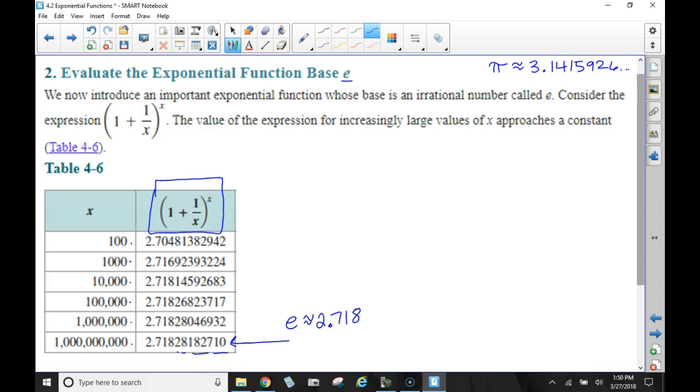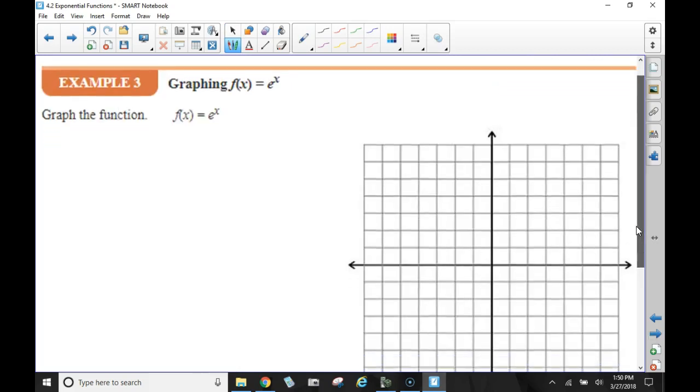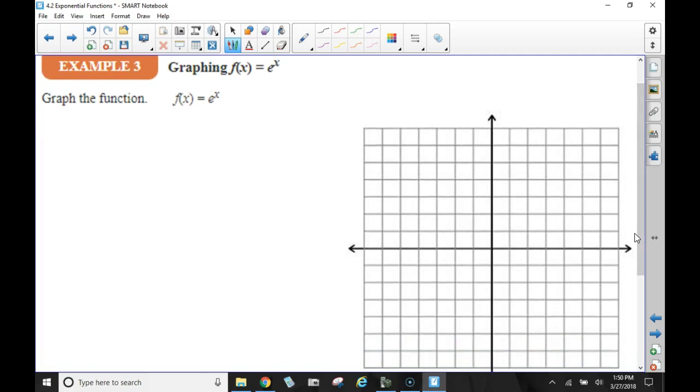Then there is some more we know, but we're really not going to have to remember all those decimal places because there is an e button on our calculator. I'll show you where that is in just a minute. We'll be using that quite a bit. So, since e means about 2.7-ish, we'll just say 2.718.